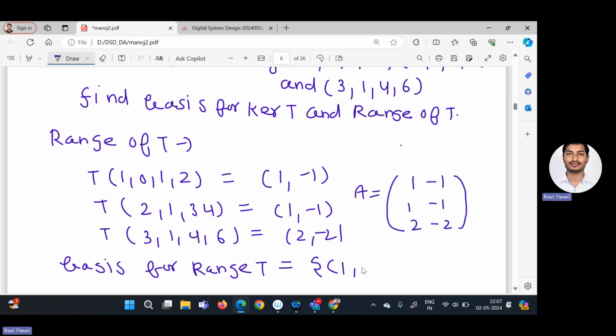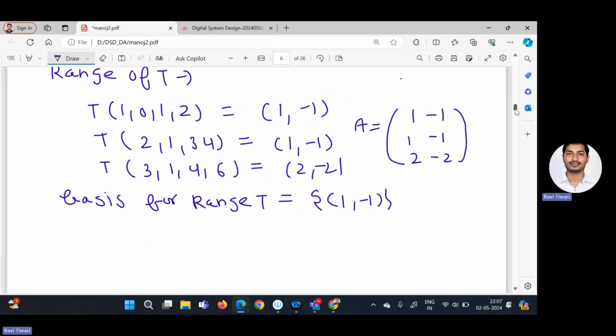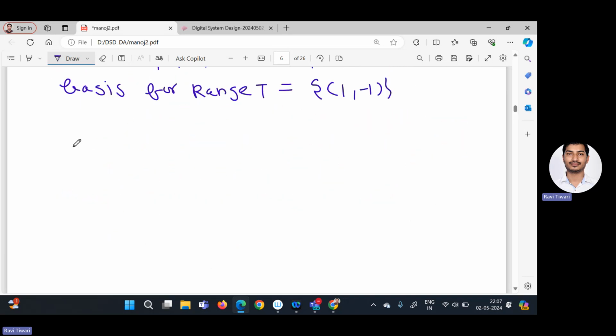So the basis for the range is (1, -1). Also we can calculate the dimension, because we get only one vector, so the dimension is 1 and the basis is (1, -1).